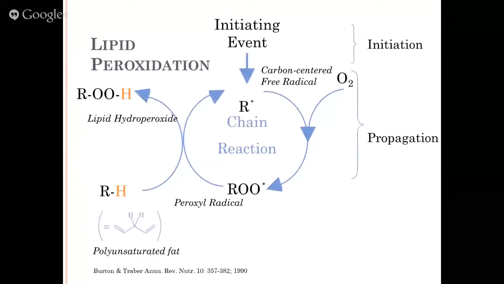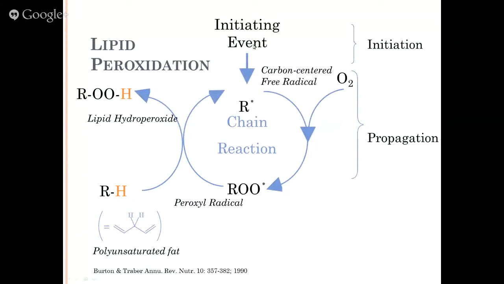So here you can see there's an initiating event in the presence of oxygen makes a peroxyl radical, and that peroxyl radical attacks the polyunsaturated fat. It generates a lipid hydroperoxide, which can also reoxidize, but most importantly, it creates another carbon-centered radical. So the chain reaction keeps on going and could hypothetically tear up your entire membranes.